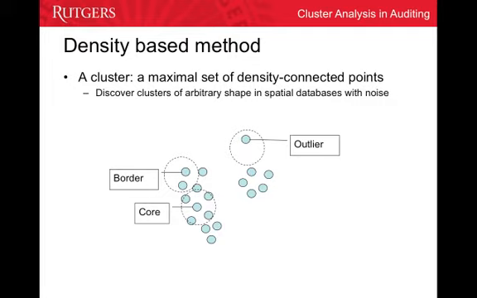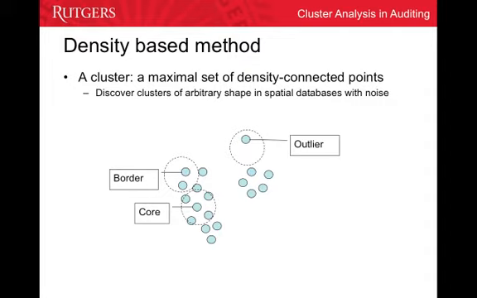According to this method, the data points fall into three classes. The first are the core points, like the points here, which are points in the interior of a cluster.